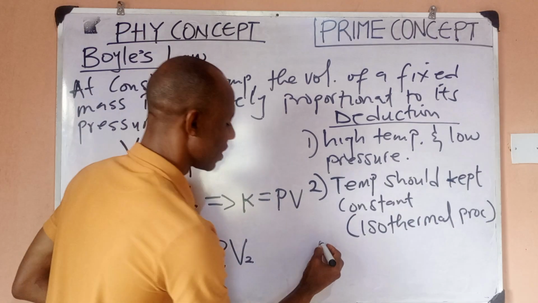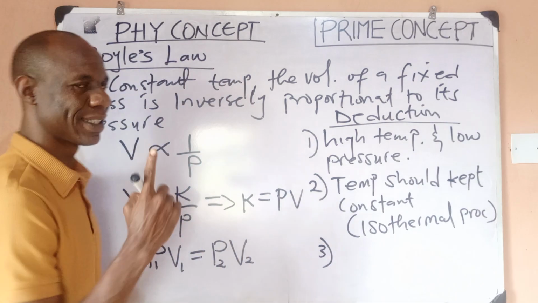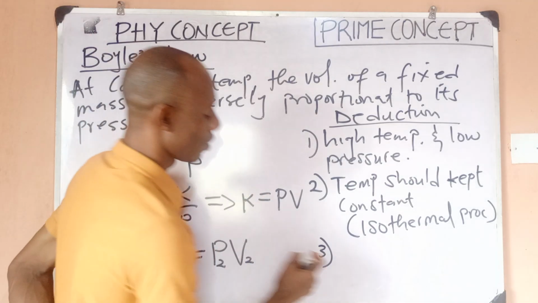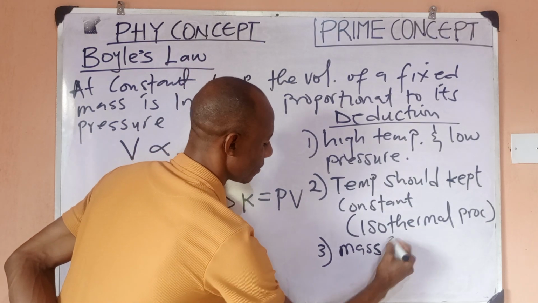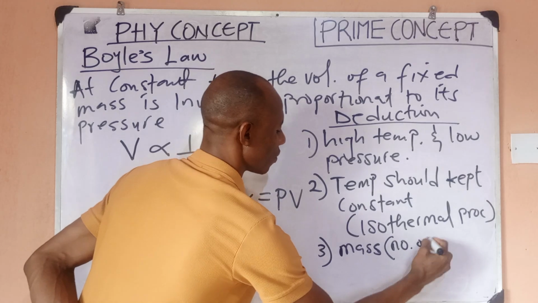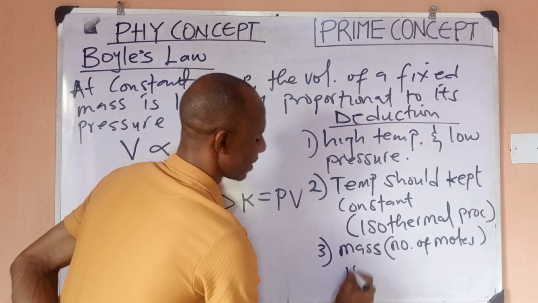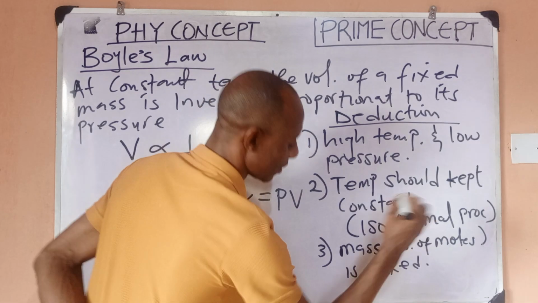Now, number three is that the mass is fixed. The mass is kept constant also. So the mass, invariably the number of moles, is fixed or kept constant. It's still the same thing.